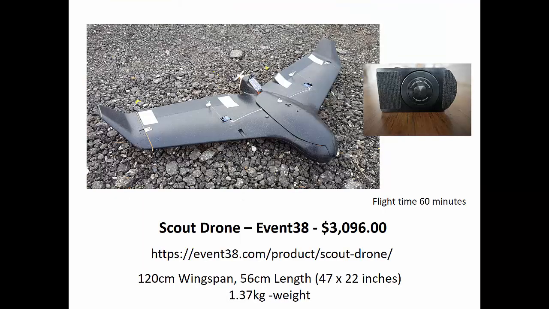Here's a little bit cheaper model. There's a company out of Dayton, Ohio called Event 38. They manufacture a few fixed wing aircraft. I just thought I'd show some different ones here. About a four foot wingspan. That eBee had a similar, a little bit cheaper price tag.